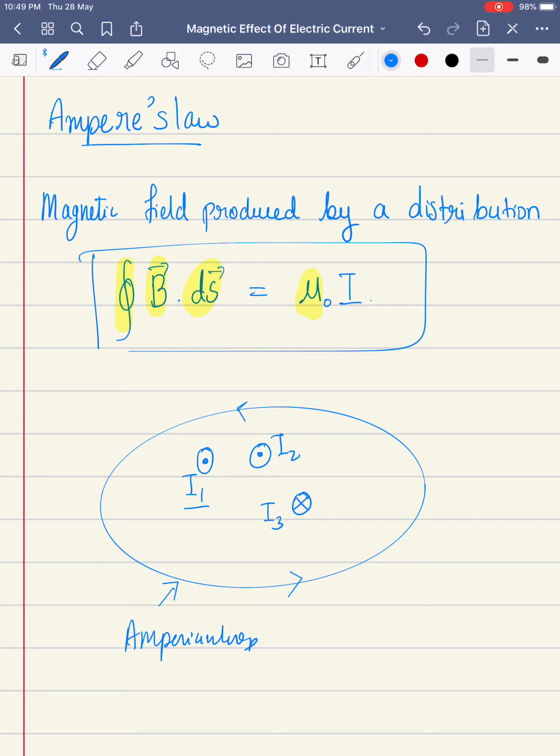So I1 and I2 are currents moving out of the plane of paper, and I3 is a current moving into the plane of paper. The Amperian loop encloses I1, I2 and I3, but it does not enclose I4. So the sum of the current enclosed by the Amperian loop will be I1 plus I2 plus I3.